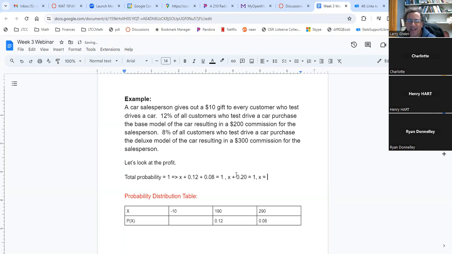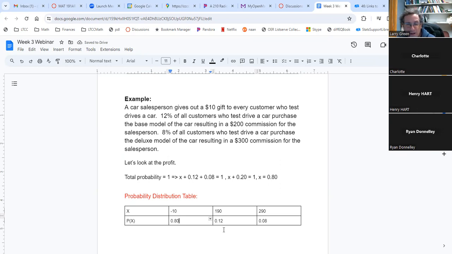See if you guys can do that. You should be able to do it in your head, hopefully. Yeah, 0.8. Another way of looking at it is something plus 20% is 100%, and that's 80% or 0.8. And just to be consistent, I'll write 0.80, just to keep them all in 2 decimal places.